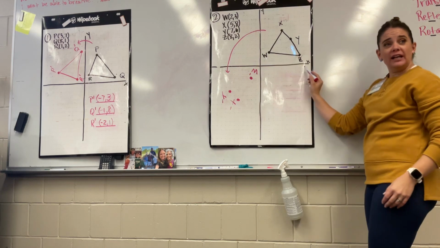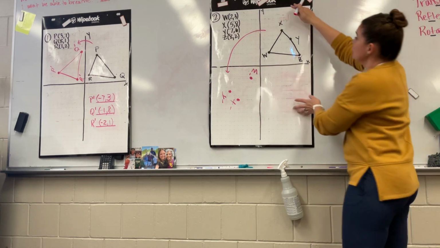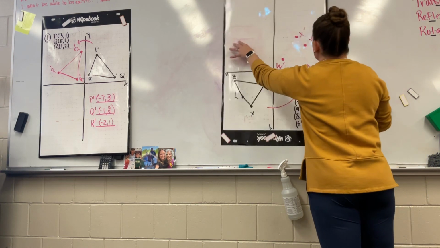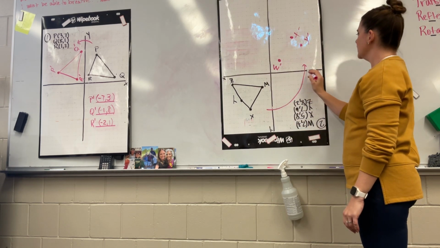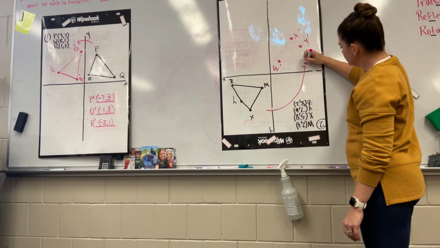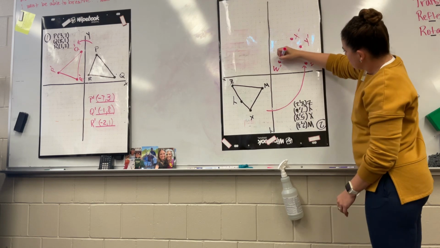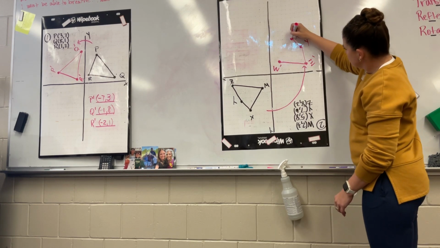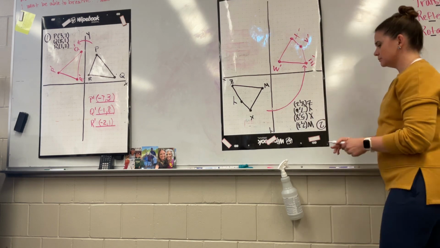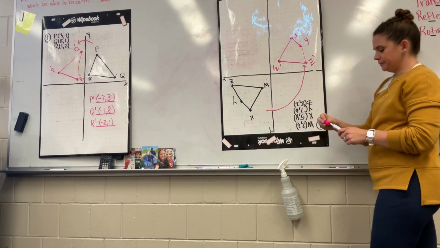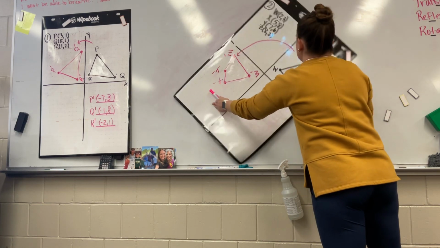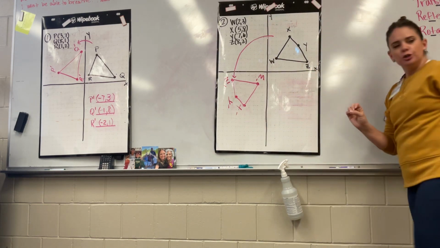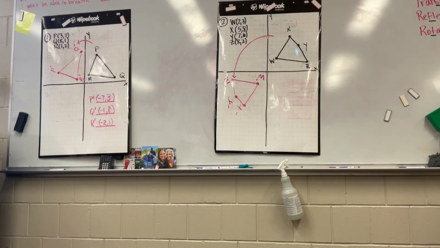We have to go right 8 and up 2 to get there. So with our paper upside down, we're going to go right 8 and up 2. Okay. So when you get all of them plotted and you connect the dots, you can turn your paper right side up.